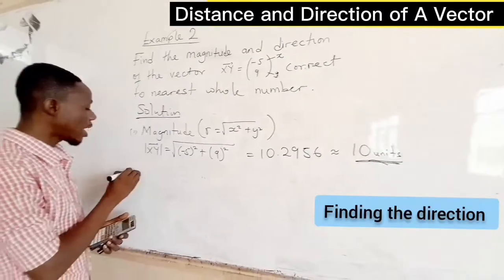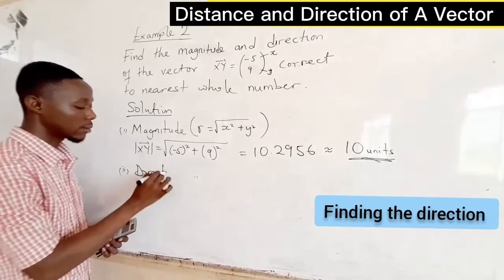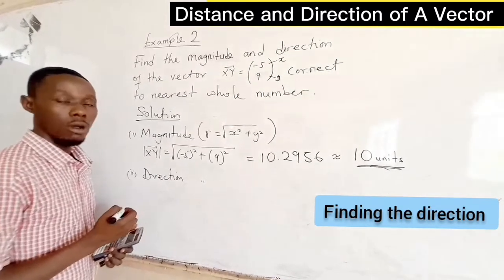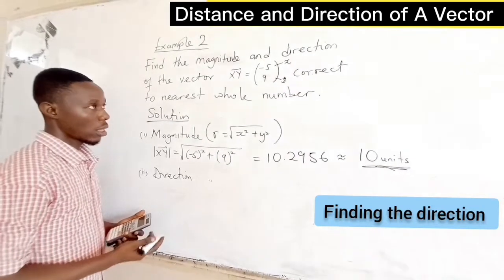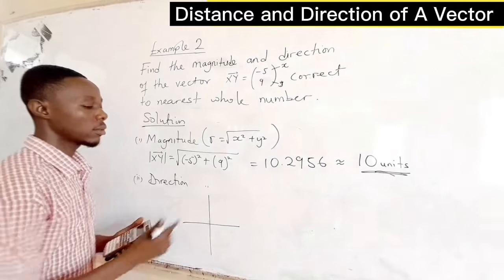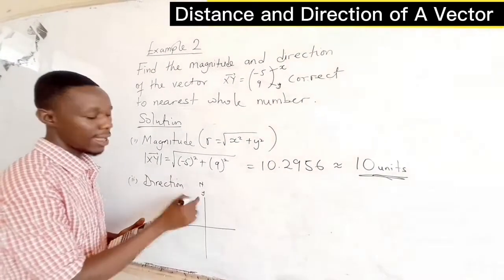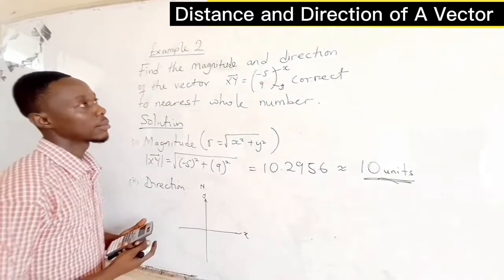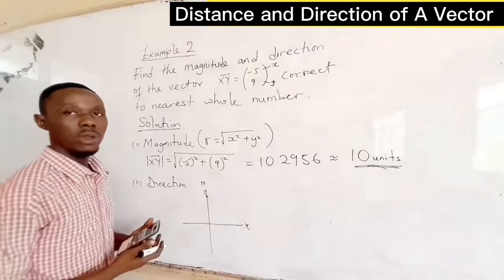Let's move on to find the direction. For the direction, we have to draw to see where it will fall. Remember, here is our north. That's where y is. And here is our x. But note, our x is -5. Where will it be?